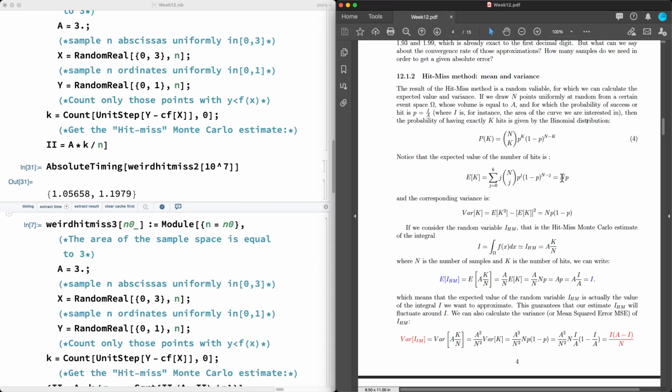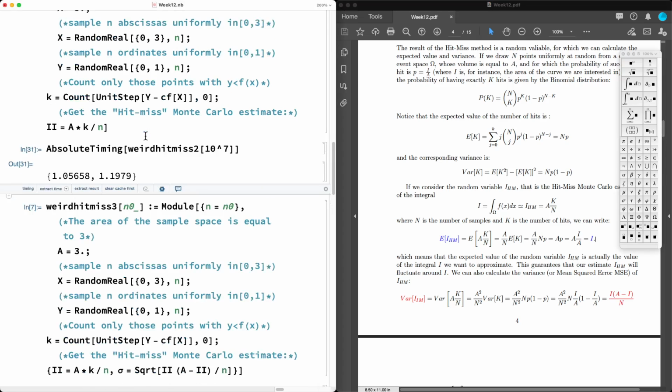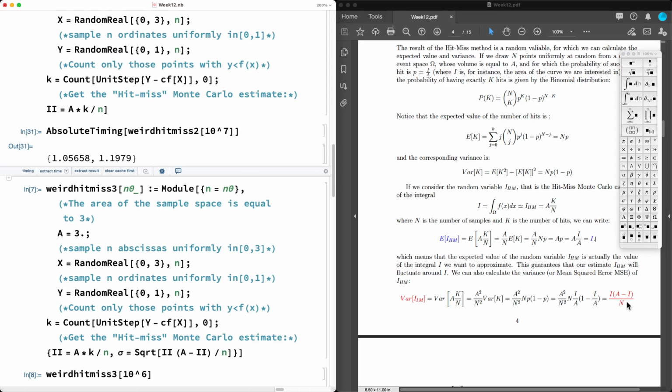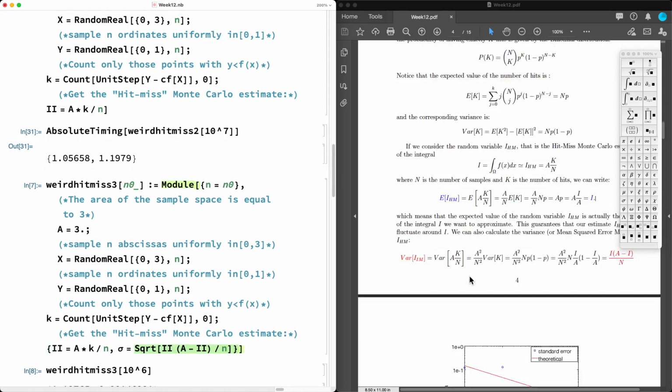And then if we substitute P equals I over A here, then we get this formula for this integral, and we get this formula for the expectation value, and we get this formula here for the variance. And we can code this up. This expression right here is what I can code up here. So that the variance is sigma squared.